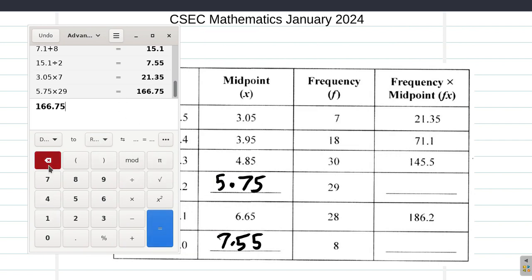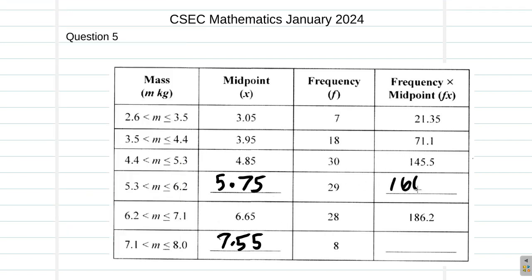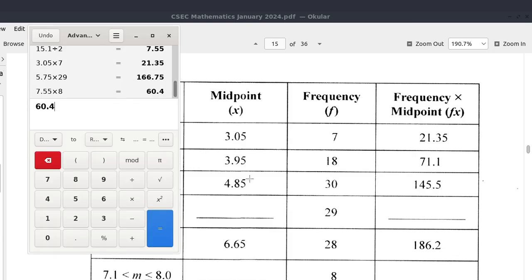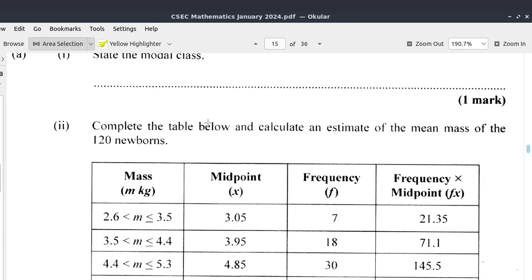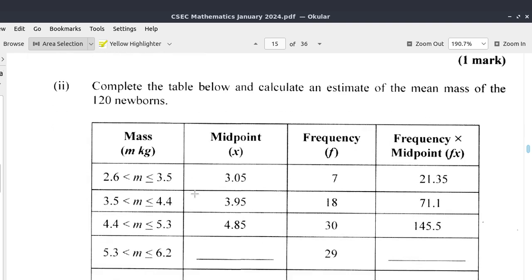And the other one will be 7.55 times 8, so you have 60.4. So you have your values filled out. You completed the table. Well, they say complete the table below and calculate an estimate of the mean mass of the 120 newborns.